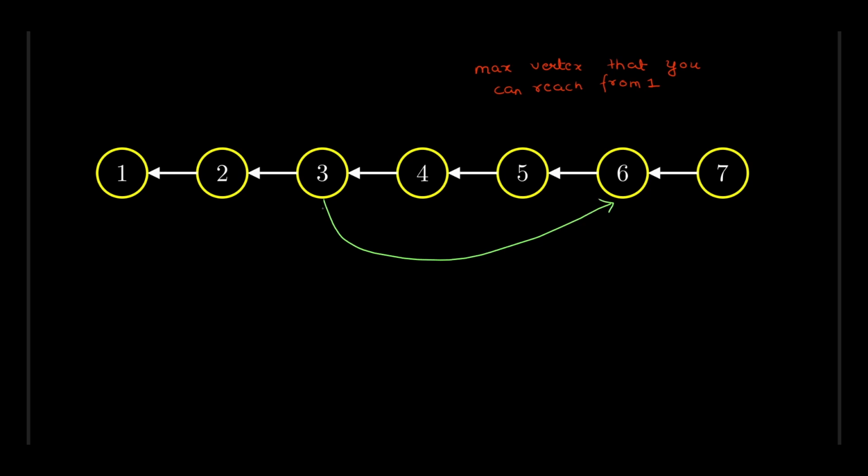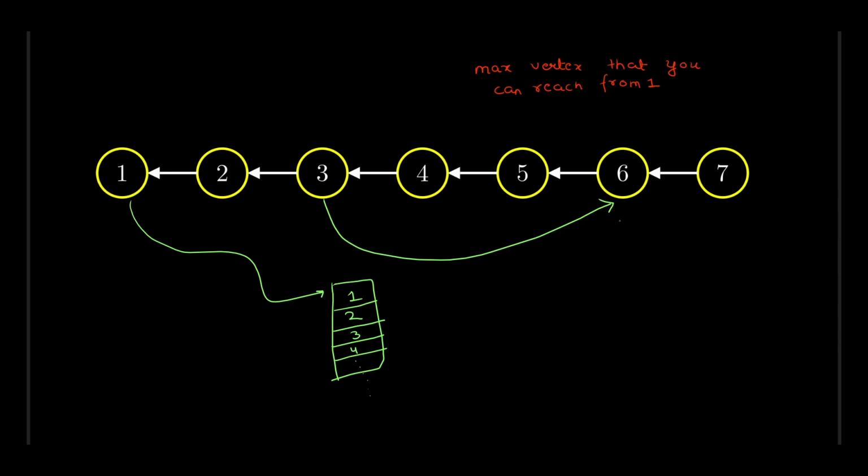So in that case, what is the nature of this graph? Which equivalence class does it fall into? Is it the equivalence class where you can reach vertex 1 or 2 or 3 or 4 and so on? You will see that by definition in this graph you can only reach up till vertex 1. So you will store this graph in this block, right? You can only reach up till vertex 1.